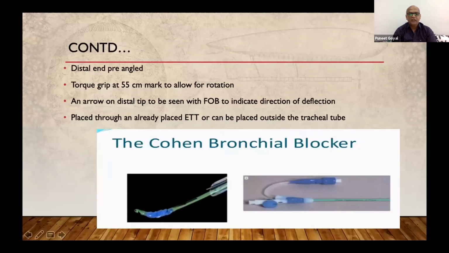You can see that the distal tip is pre-angled, and there is a torque grip at the 55 centimeters mark, which allows for rotation. You can rotate to the left or to the right, and then advance it to block the particular bronchus. And then you can check through the fiber optic bronchoscope what the position is.